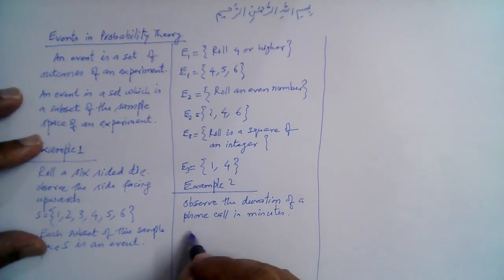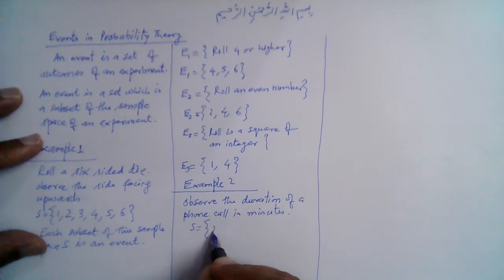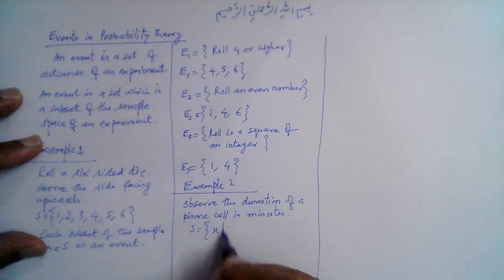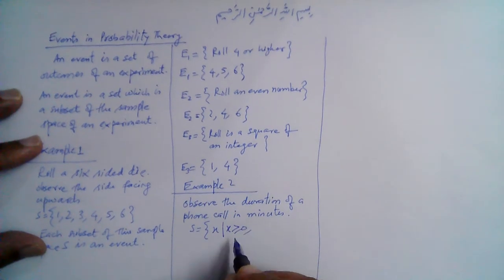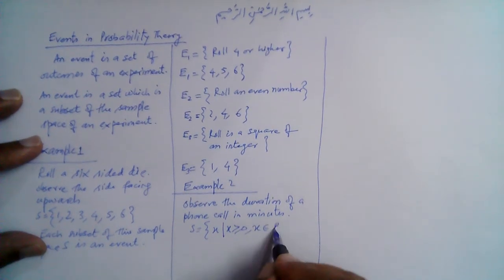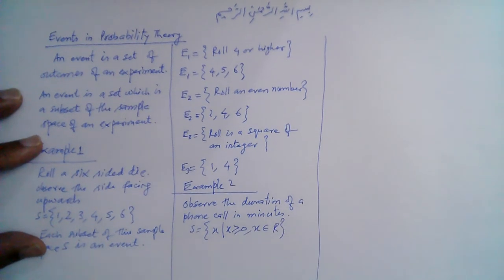Right, so the sample space is x number of minutes where x is greater than or equal to 0 and x is an element of the set of real numbers, right? So there are many events possible.